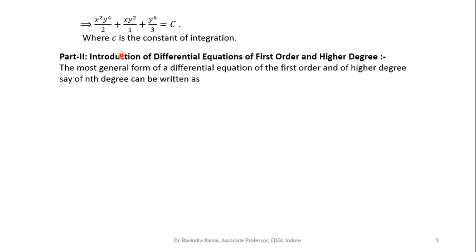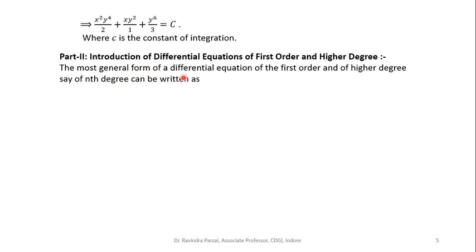Now we concentrate in this lecture, as part 2 of unit number 1 of M2, on the introduction of differential equations of first order and higher degree, along with our first method of solving this category of problems.